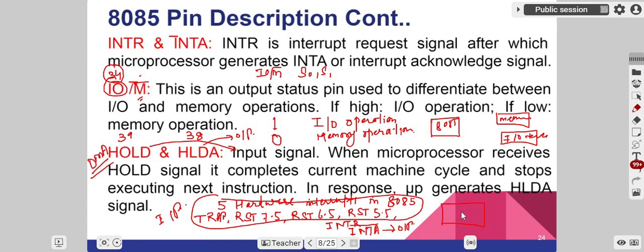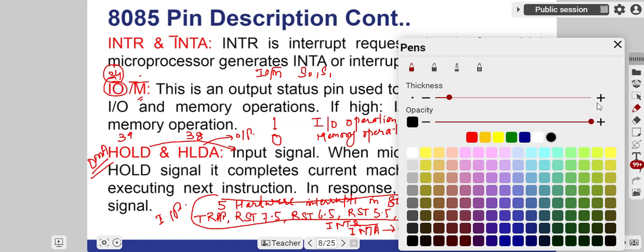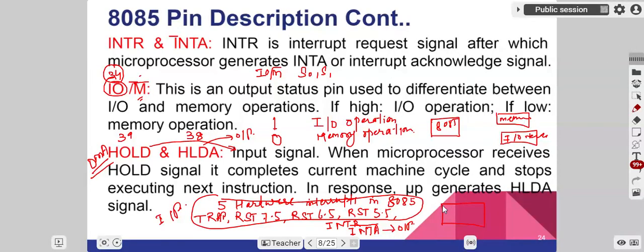Suppose we have this microprocessor and we have connected one DMA device. For example, we have connected a pen drive here.